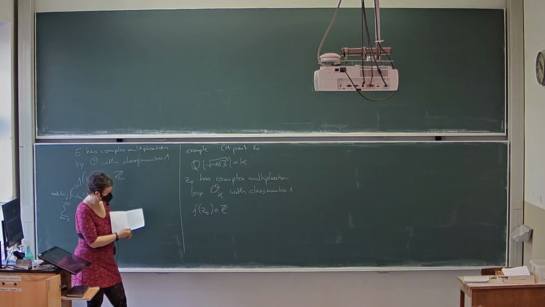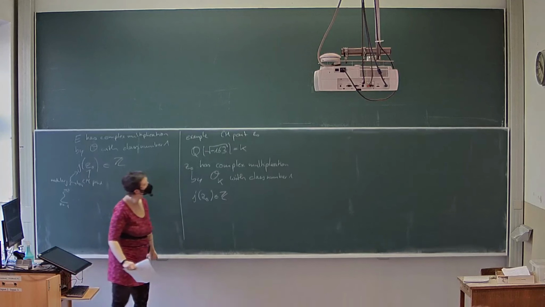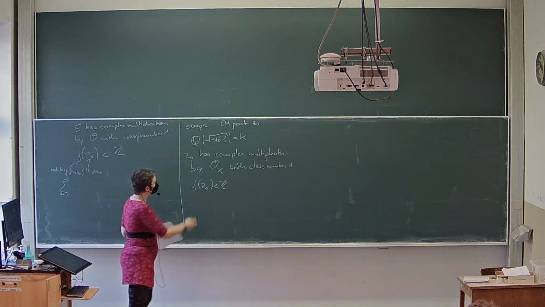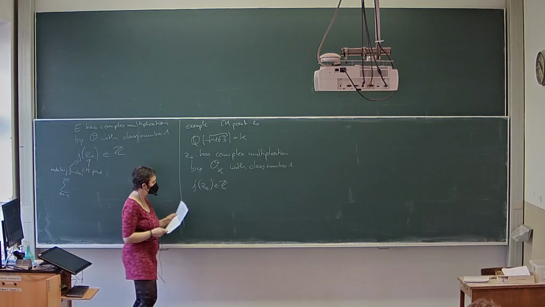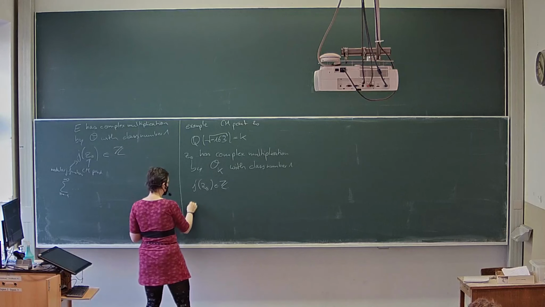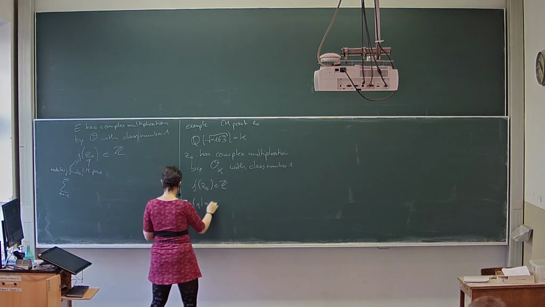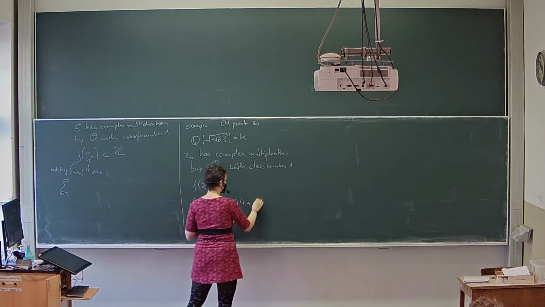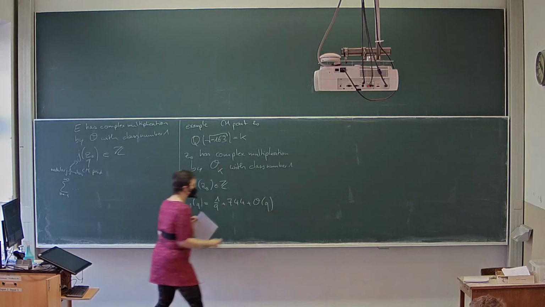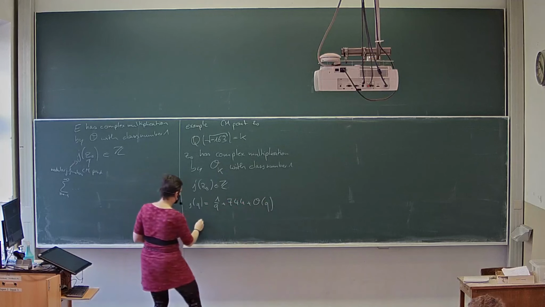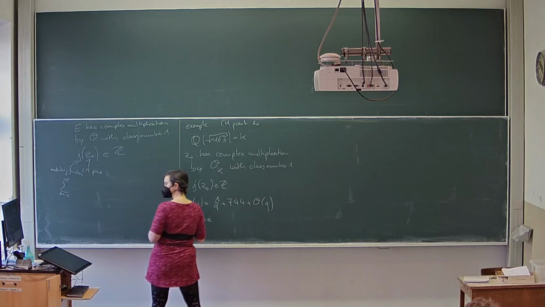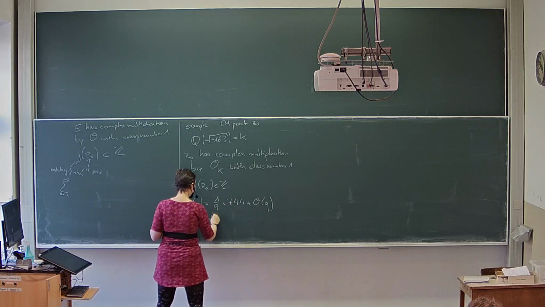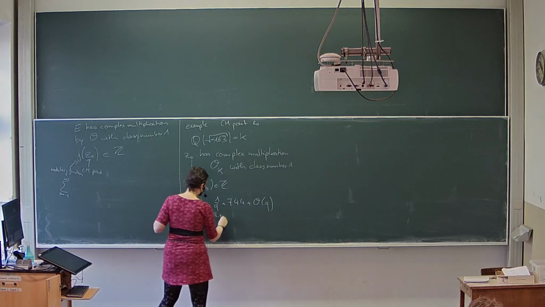Okay, what can we do with that? Now, if we look at this J function as a black box, because we didn't really treat it here, it looks like this, where Q is this.